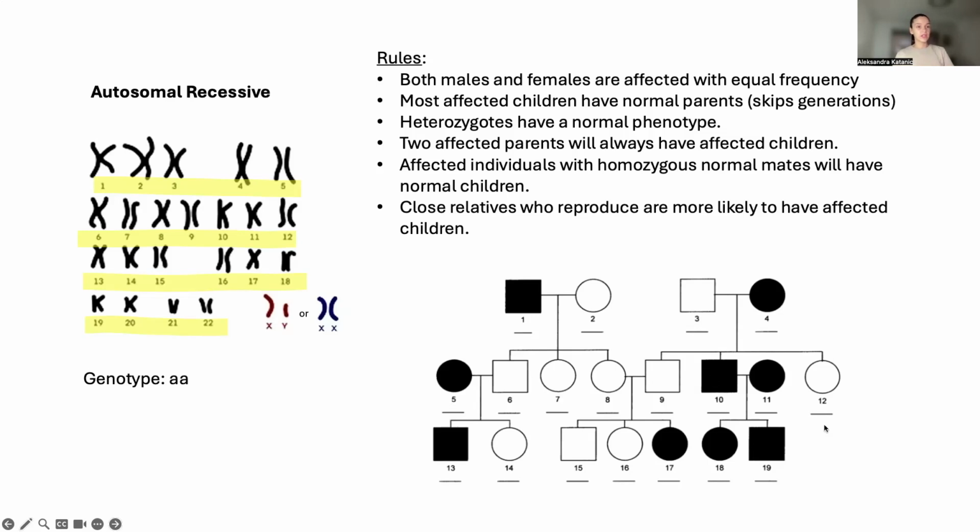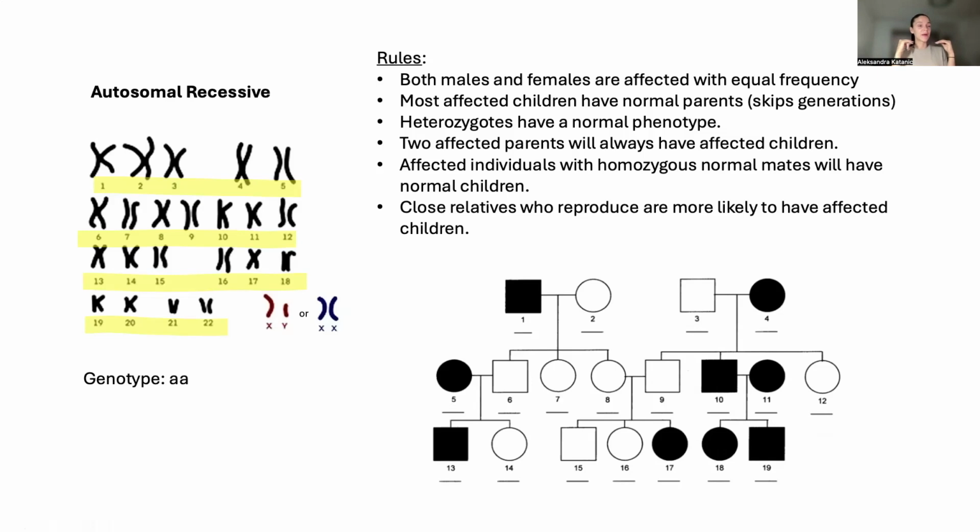This is because, and you can see this here by 10 and 11 having a boy and a girl that are both affected, yes, it is rare to have two homozygous recessive parents, but I need to stop saying obviously, because it's not going to be apparent to everybody, especially if it's the first time getting this information.